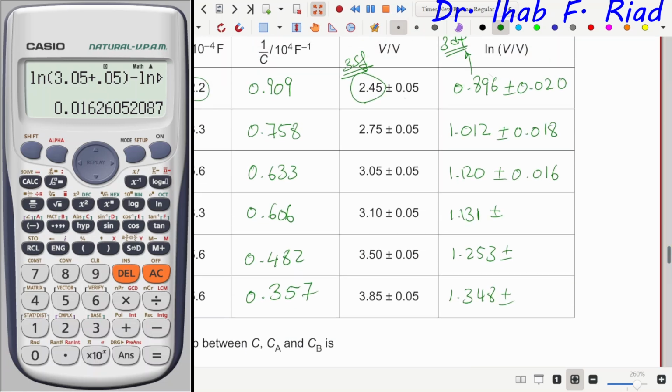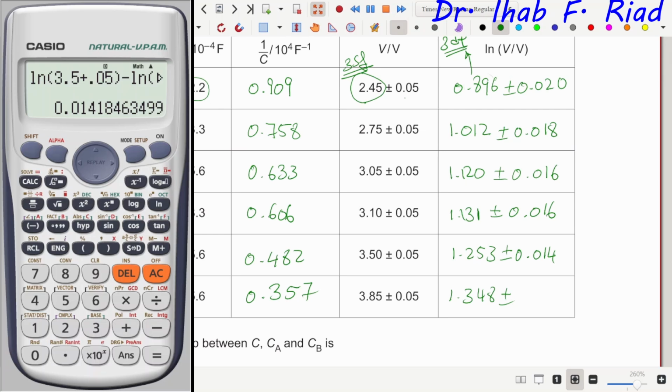Okay, ln of 3.1 plus 0.05 minus ln of 3.1 is 0.016. Then ln of 3.5 plus 0.05 minus ln of 3.5 is 0.014.